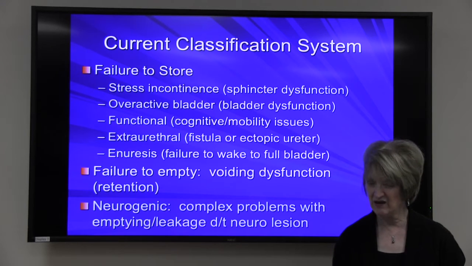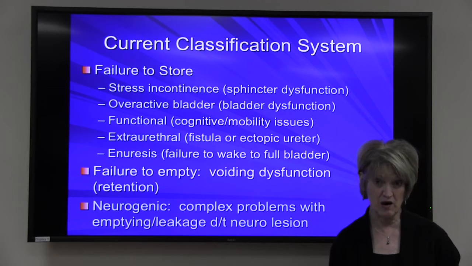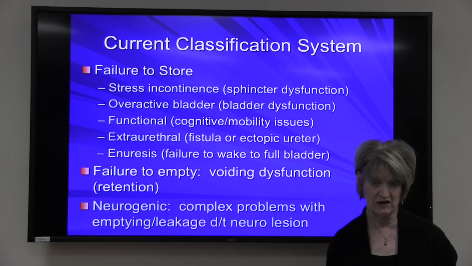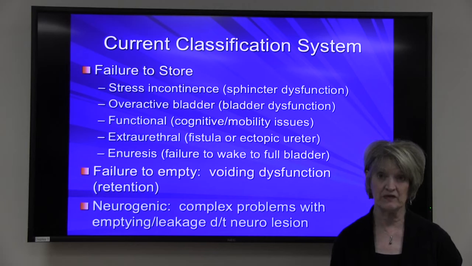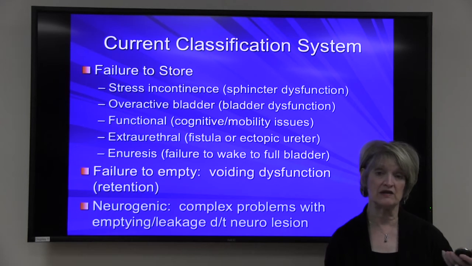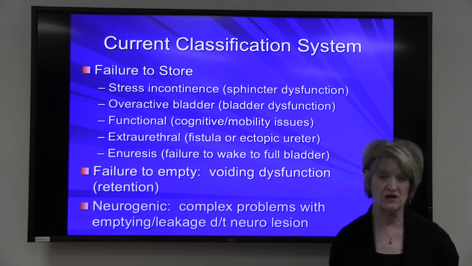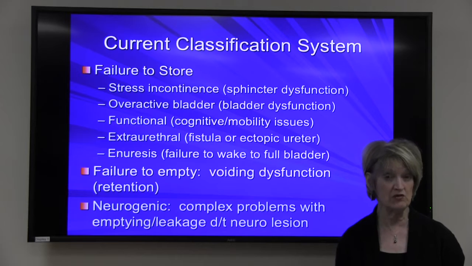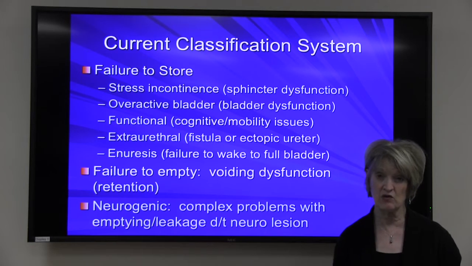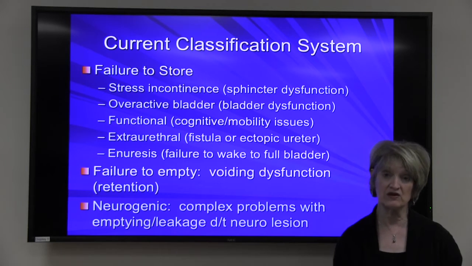Even if I'm vaguely aware that something's going on, I'm not going to be able to problem solve to get to the bathroom in a timely manner to void. So when you say that this person has functional incontinence, or incontinence due to functional factors, you're saying there's nothing really wrong with the bladder, nothing really wrong with the sphincter, but there are functional factors that are causing incontinence.